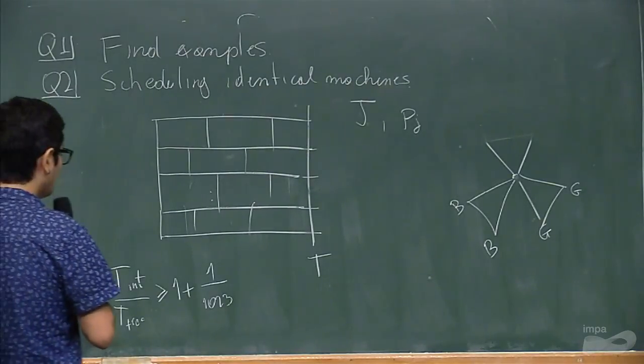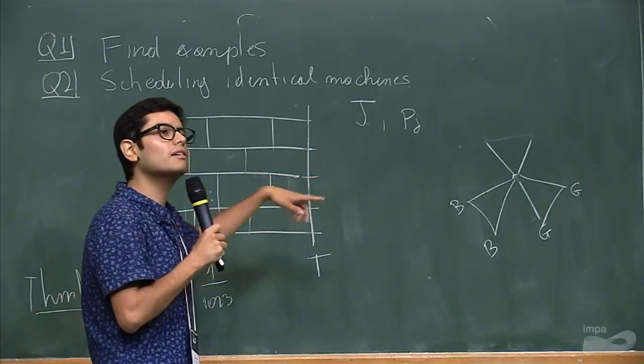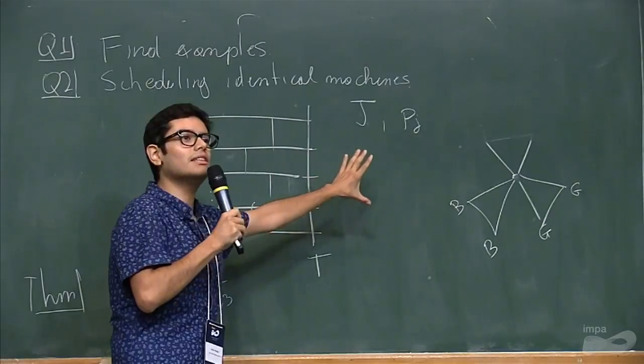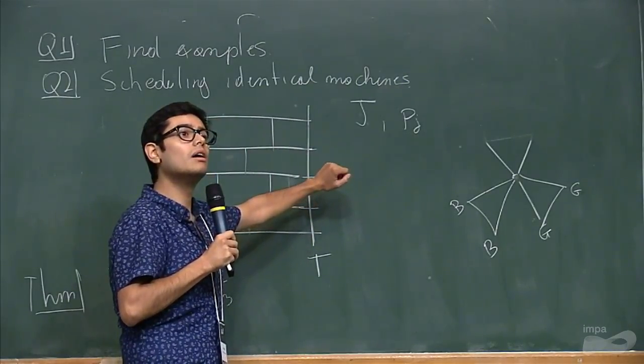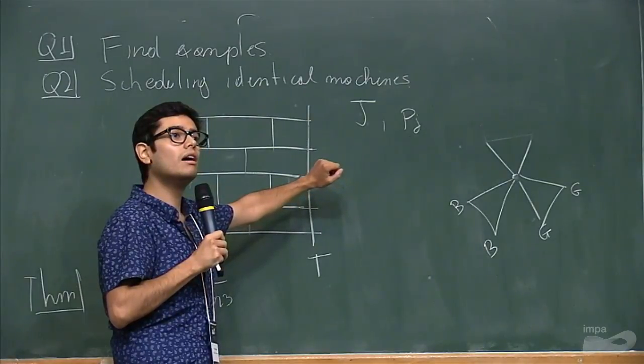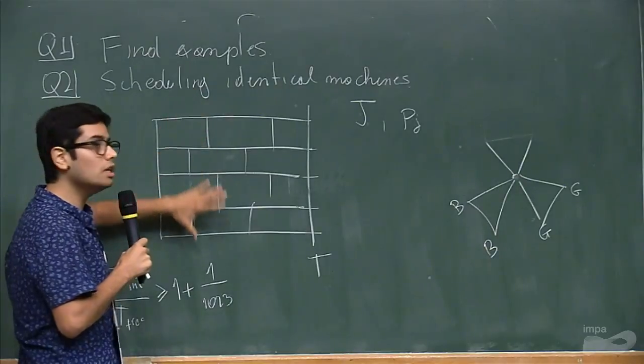Actually, I'm skipping a bit here. Here you can write a linear program, okay? So you can also write an IP. It's identical machines, okay? So they are all equal.